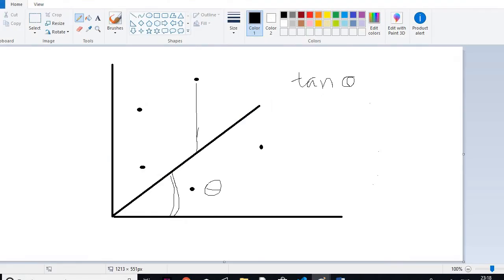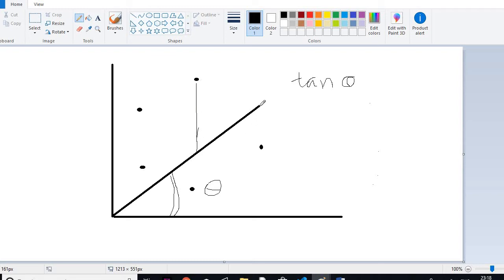The reason is, when we see these points and calculate the predicted value minus actual value, for this point the predicted value minus actual value is negative.